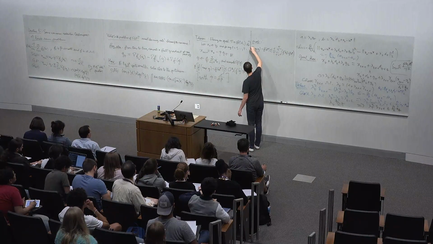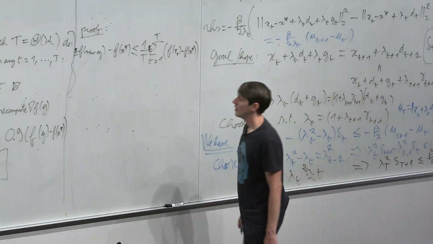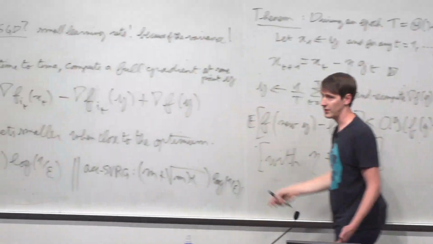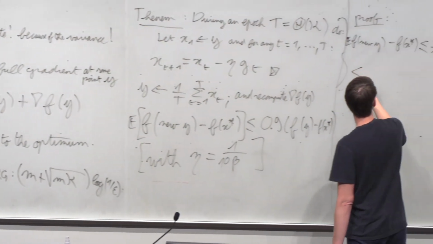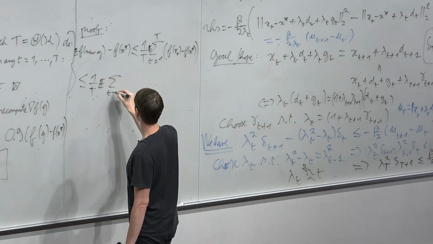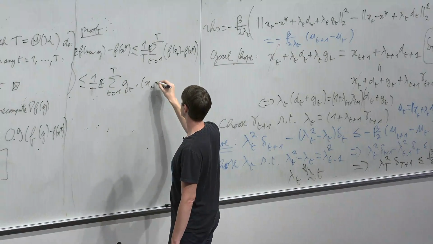Let me put an expectation here and an expectation here. So note that the expectation of g_t is grad f of x_t. So this is smaller than 1 over T, the expectation of the sum, by convexity, of g_t inner product with x_t minus x star.